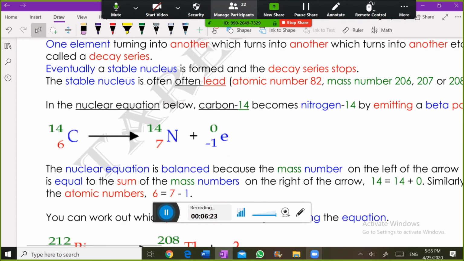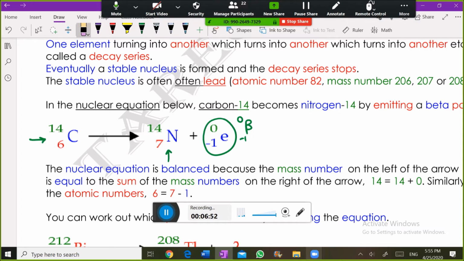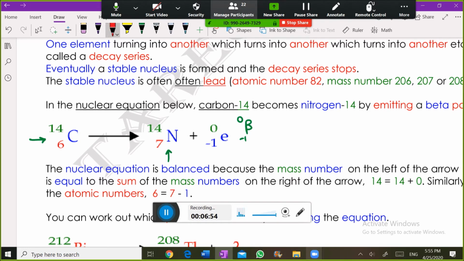A similar thing here, guys. For example, if I have carbon 14, the carbon 14, guys, emits beta minus. So the daughter nucleus after this decay is nitrogen 7,14. Guys, if you compare the atomic number of the reactants with the atomic number of the products, they must be the same. Or a similar thing if you compare the mass number for the reactants with the mass number of the products.